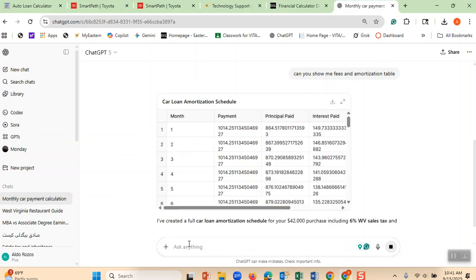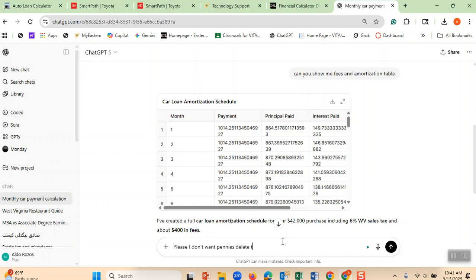Here is the amortization table, and I don't like these zeros. Do you see it is a big number? Please, I don't want pennies. Eliminate them, delete them.